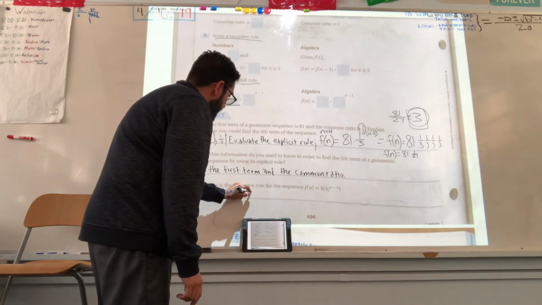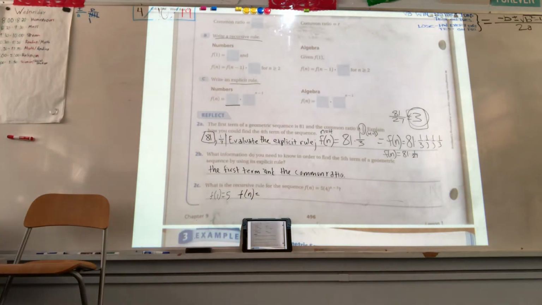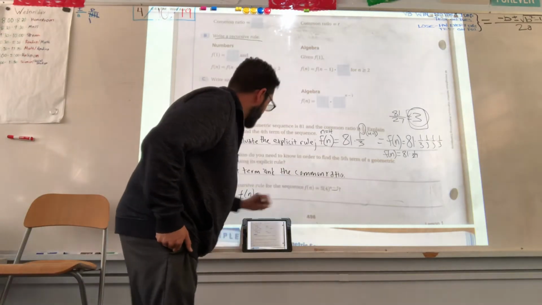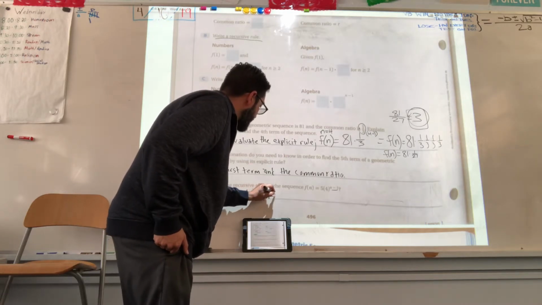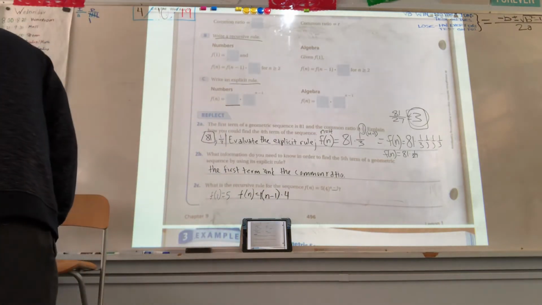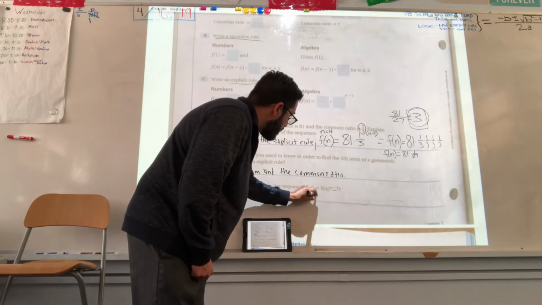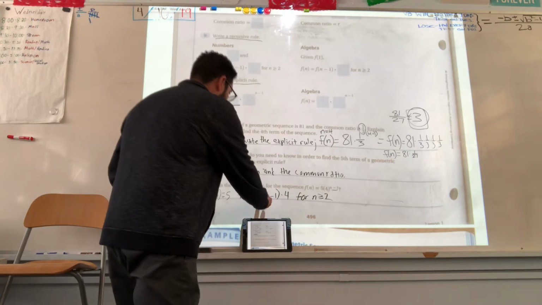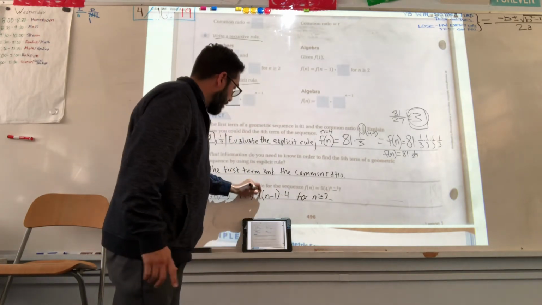So the function of n is going to equal, that's where we take this part, the function of n minus 1 times 4, okay? And this is for any number for n that is greater than or equal to 2, okay? So we're just taking function of n minus 1 times 4.